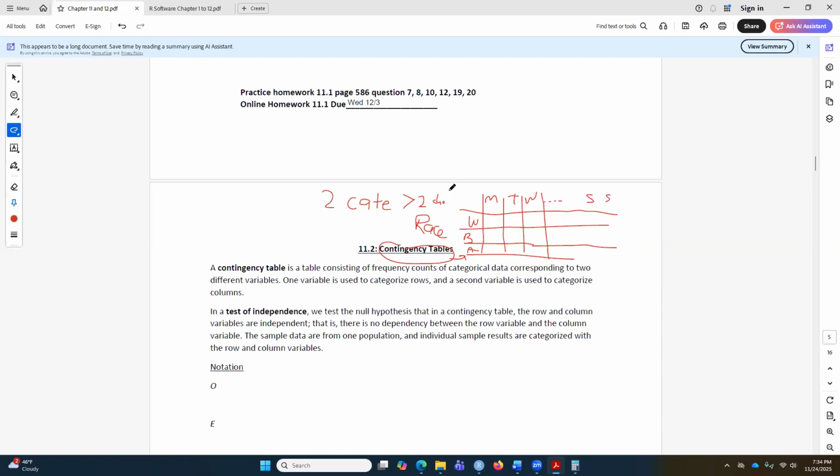Last time you had 1 categorical variable with multiple choices. Now you have 2, and the categories are race and the days, Monday to Sunday. Then you say 5, which means there are 5 white mothers who got to the hospital or gave birth on Monday, and so on. So in order to do this, you have to refer back to 11.2. Are you all right with the difference between these two?